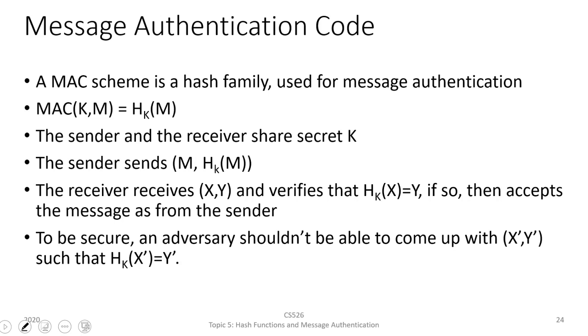So message authentication codes are essentially, we can see them as hash functions. The only difference being here, the key is a part of the hashing. So it is a key specific hashing. It is not a general hashing, but a key specific hashing that happens there.